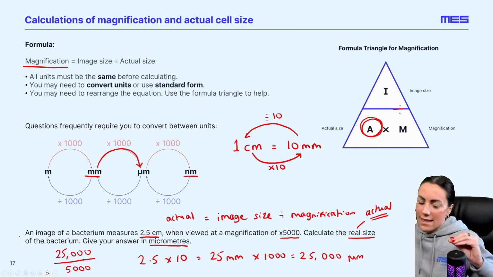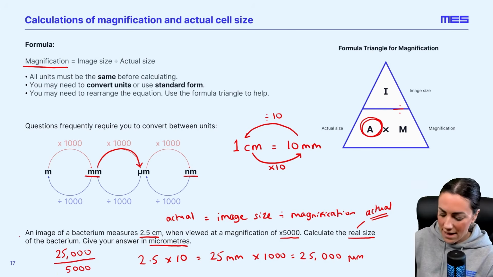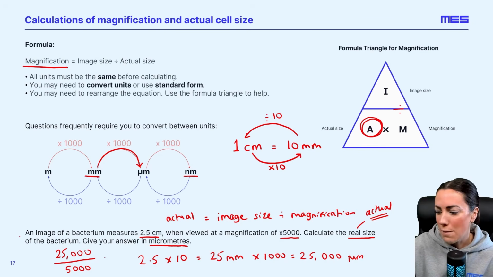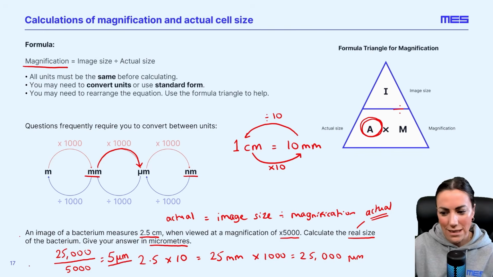Let me get my calculator. Image size divided by magnification. So 25,000 micrometers was the image size. The magnification was 500. So my answer for my real size is going to be 5. And I've already converted. So 5 micrometers.